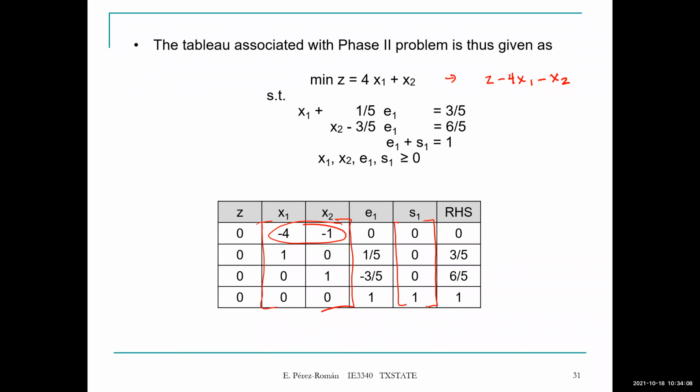So what this is saying, based on our tableau, is that the basic variables are going to be x1, x2, and s1.